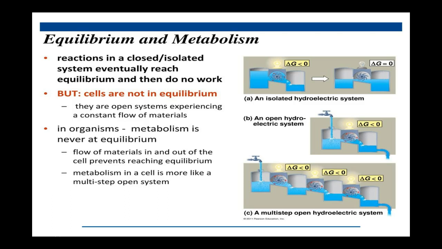And understand that metabolism is more like a multi-step open system. Remember, this is Intro to Metabolism, where we're learning the concepts of metabolism, but certainly the electron transport chain is going to be a multi-step system. We talk about the electron transport chain next chapter.